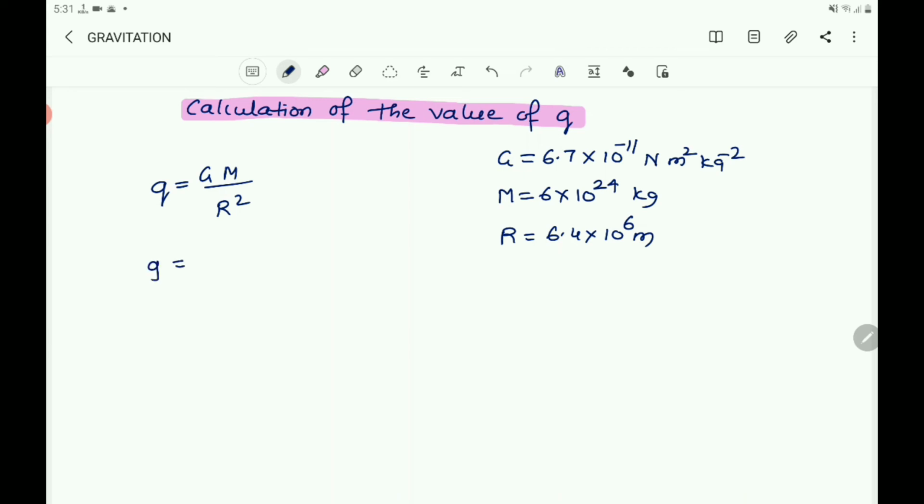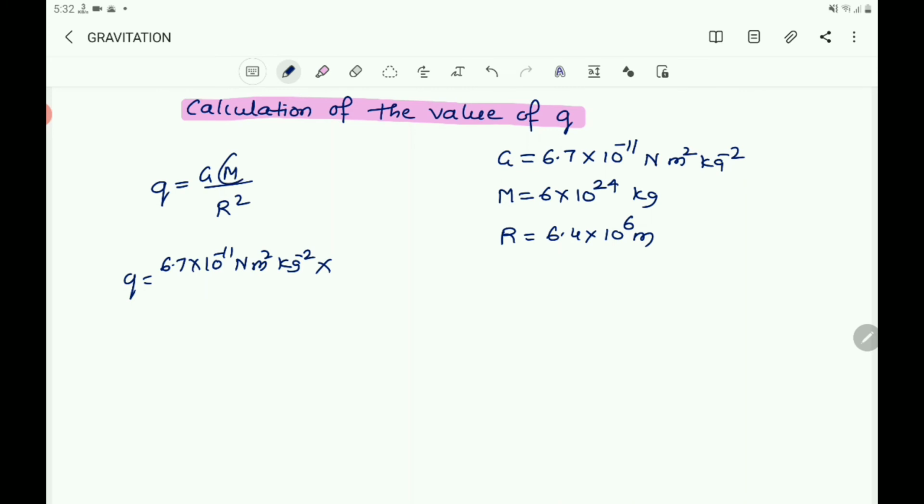g equals, the value of G, 6.7 into 10 power minus 11 N m square kg power minus 2.